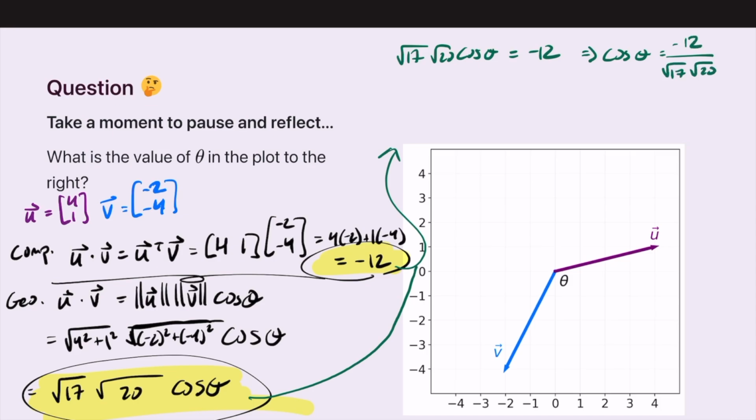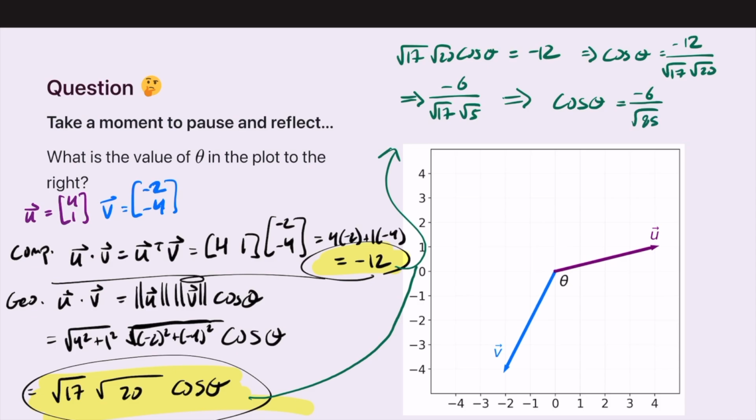square root of 20, and we can break apart the 20 into 2 times the square root of 5 again, and then we can remove the 2 so that -12 becomes a -6. So it'd be -6 over the square root of 17 times the square root of 5. And we have cosine now equals -6 over square root of 17 times 5, which is 85, so it's square root of 85.